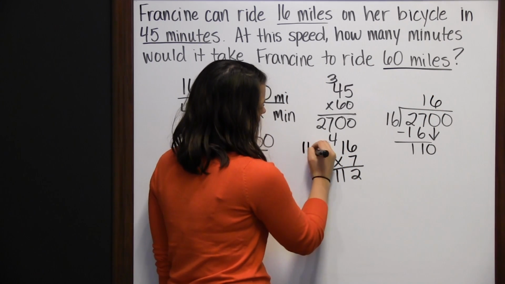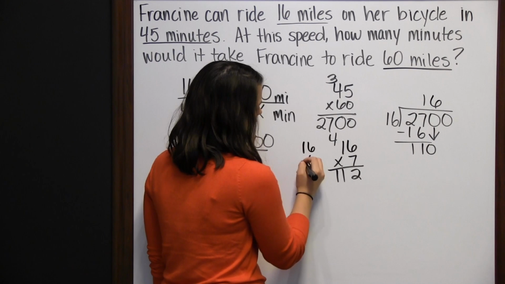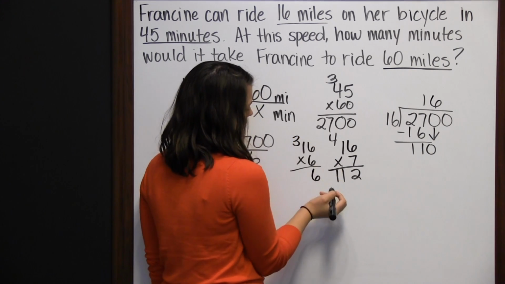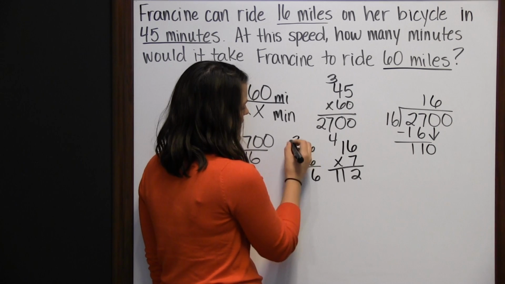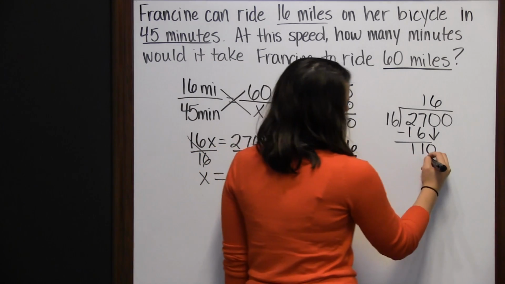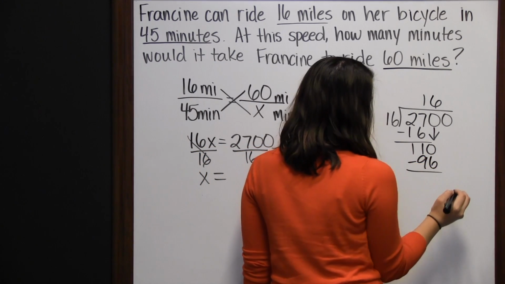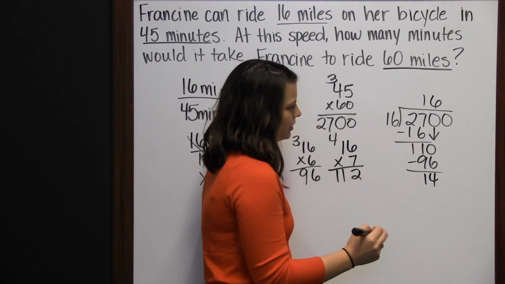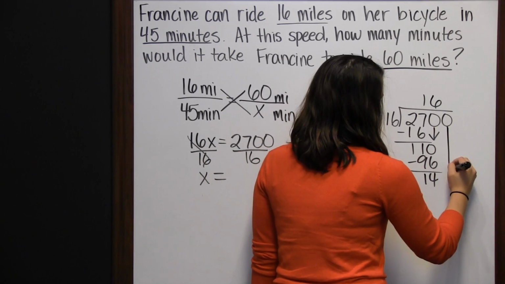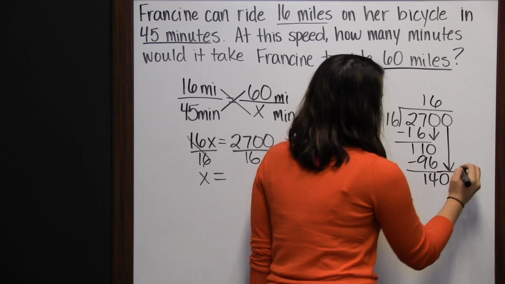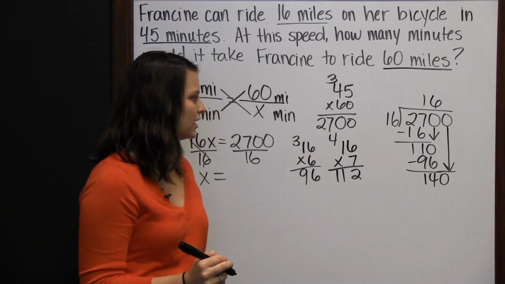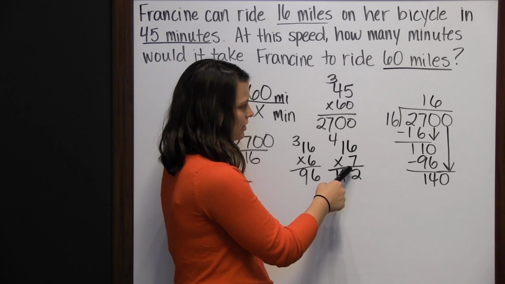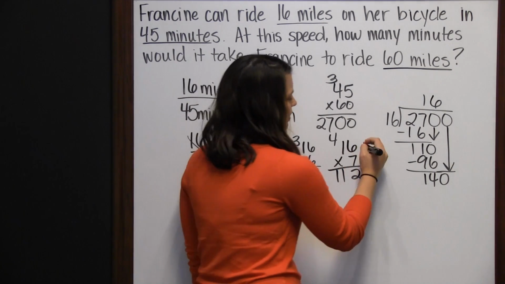So 16 times 6. 6 times 6 is 36. 6 times 1 is 6, plus 3 is 9. And that works. So we need to subtract, and we get 14. Then we bring down our next 0. So we have 140. So I know 16 is going to go into 140 at least 7 times, but it should go even more than that.